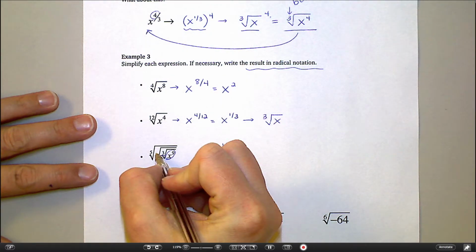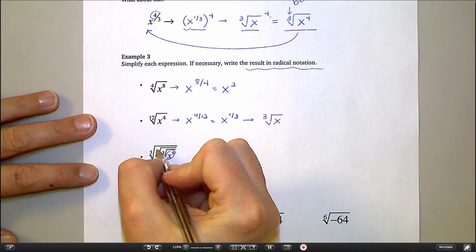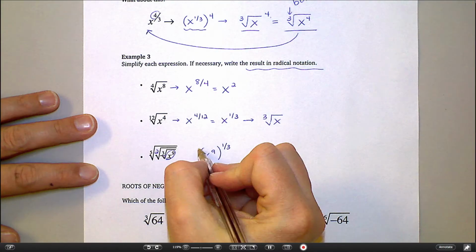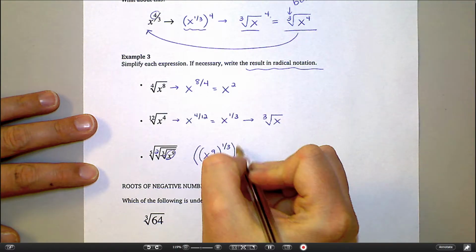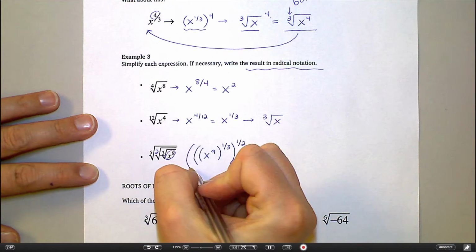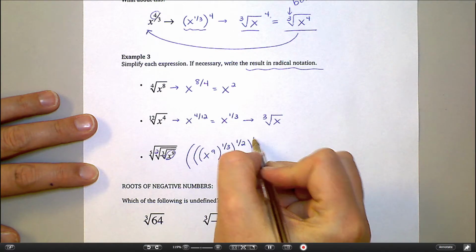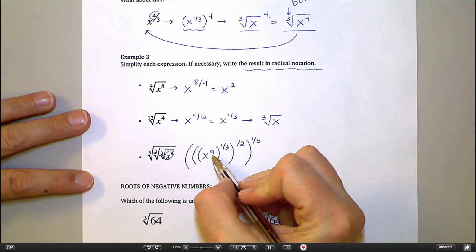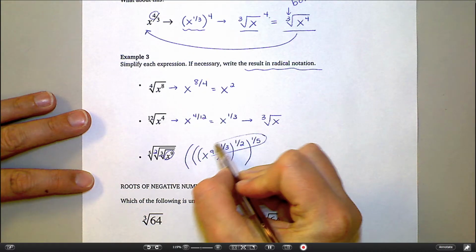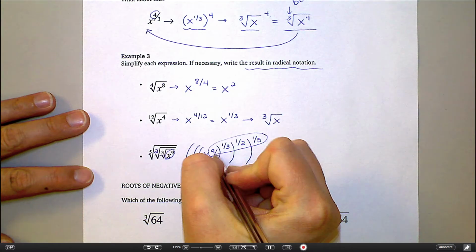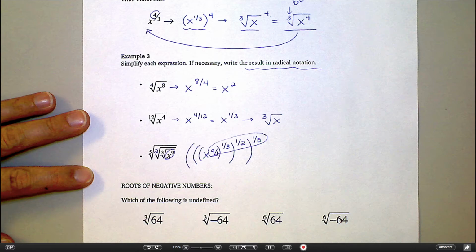This one without a number, that's just a regular square root, so you have to know to put a 2 in there. So that would be like a power of 1/2. And then we have a 5th root, so that would be like a power of 1/5. Now it's just a matter of putting all of these things together by multiplying. So first off, let's remember that that 9 is really a 9 over 1.